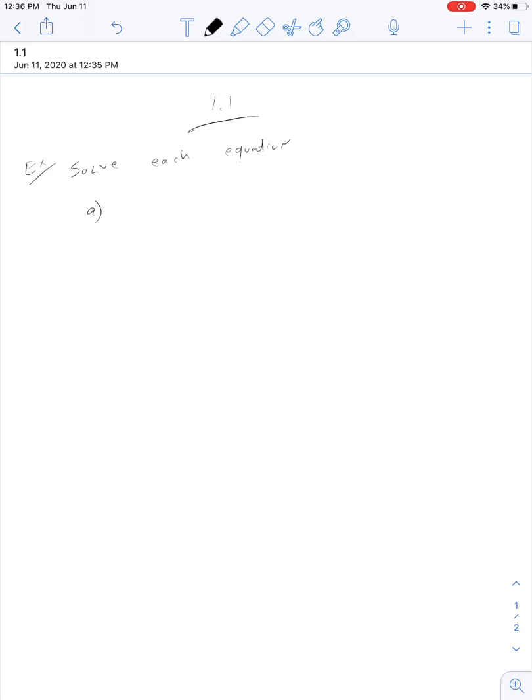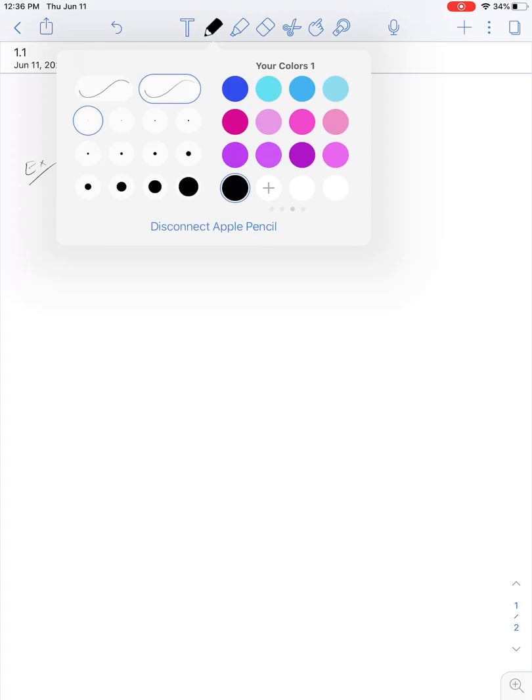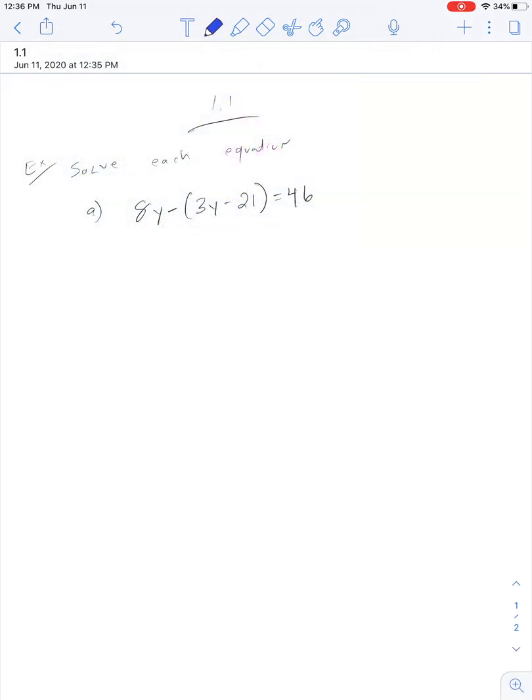So our first example, we have 8y minus open parentheses 3y minus 21 close parentheses equals 46. So remember, when it comes to solving equations, the first thing we want to do is distribute. And keep in mind that this is a negative, right?